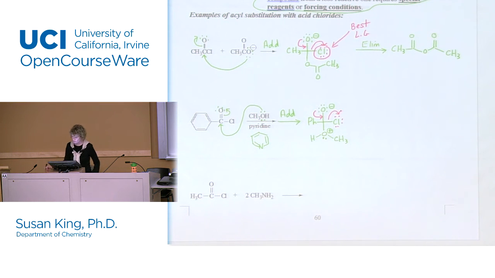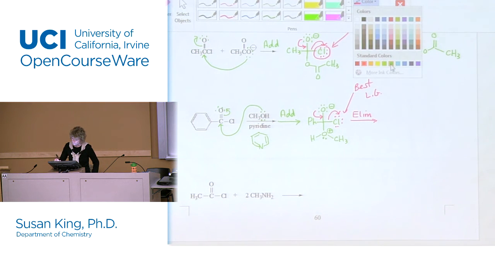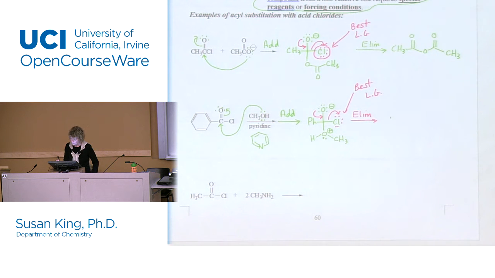Are you seeing the correlation here with the thionyl chloride? We attacked the sulfur, we kicked electrons up onto oxygen, and electrons on oxygen came down and kicked off chloride. Exactly the same here. Second step is elimination. And again, this is best leaving group.